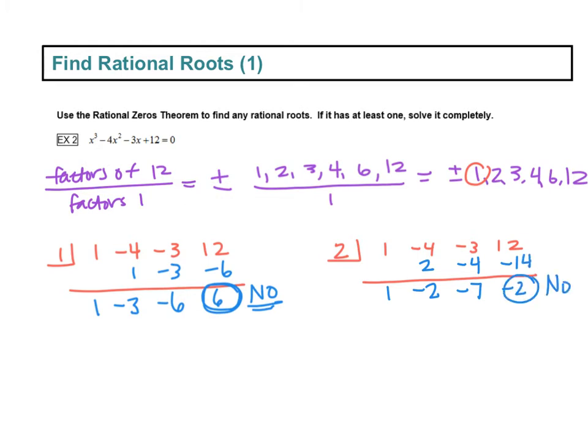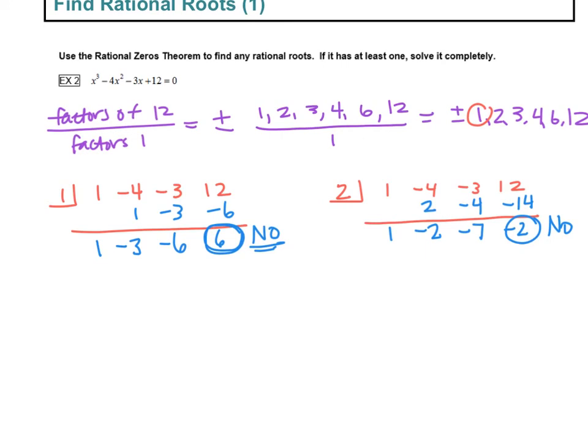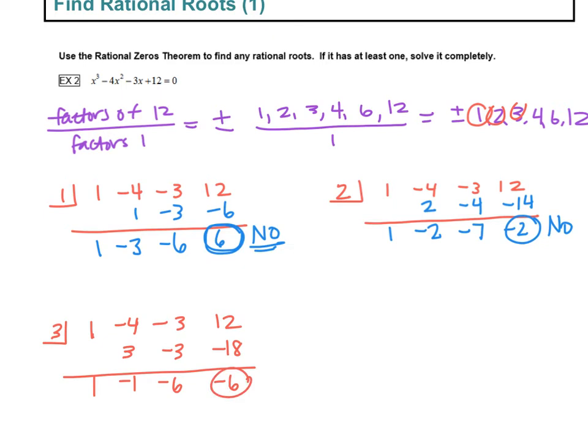This one did not work. So what do we do? We move on to the next one. We've tried 1, 2, now we're going to try 3. So here's our coefficients, 1, negative 4, negative 3, 12. Add down, multiply, add down, multiply, add down, multiply, add down. We did not get a 0, so that one did not work.